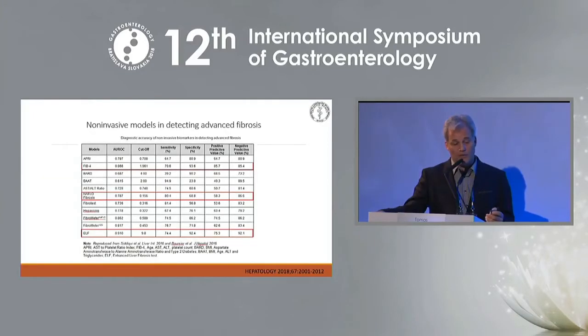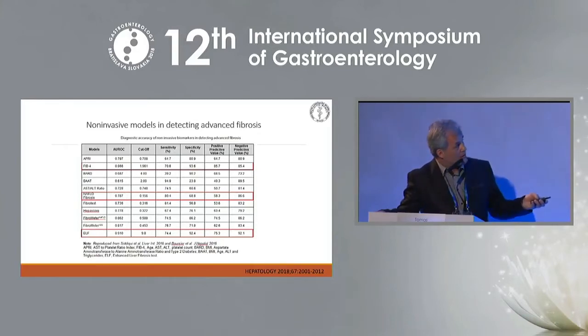To have a non-invasive diagnosis of liver fibrosis, there have been many studies looking for markers of severe, advanced fibrosis, and I have just pointed out a few of them. For example, the FIB4, which has a good positive predictive value of about 85%.